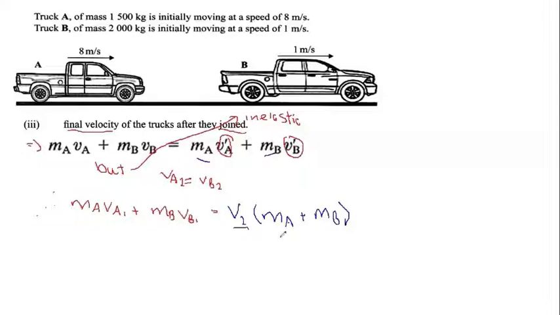So I'm going to take this entire expression, mass A plus mass B, over to the other side of the equation by dividing both sides of the equation by mass A plus mass B. Now don't get lost with all the numbers.